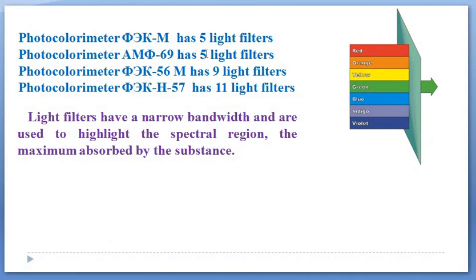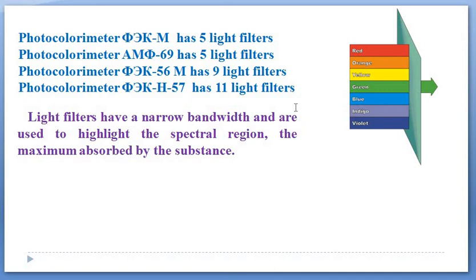Photocolorimeter FEC-M has 5 light filters. Photocolorimeter AMF 69 has 5 light filters. Photocolorimeter FEC 56M has 9 light filters. Photocolorimeter FEC H57 has 11 light filters.